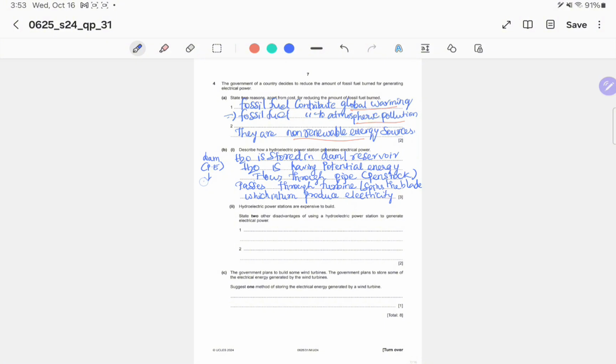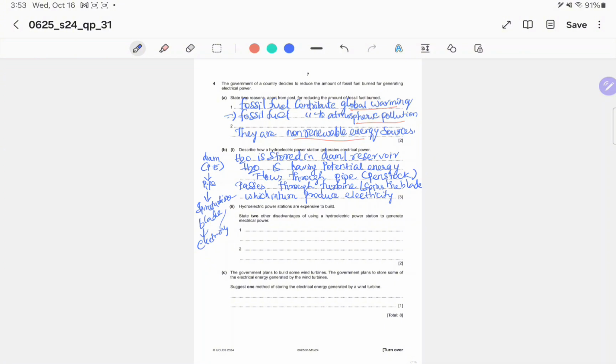From there it moves through the pipe. From there it spins the turbine blades, which in turn produces electricity. Four steps you have to write.